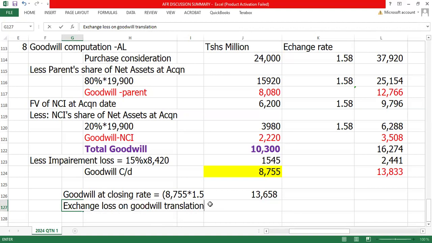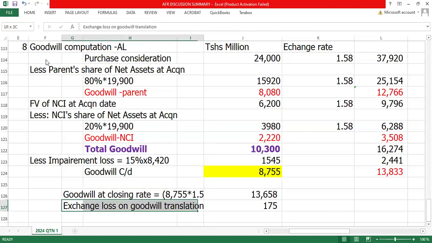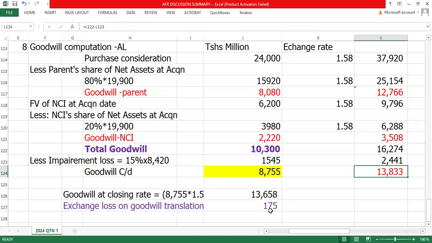Someone who has used this approach, this is how you do it. You get this figure minus this. If you realize that the goodwill on translation is less, then what you get will be an exchange loss. But if you realize that once you convert, this figure is greater than this, then you get an exchange gain.